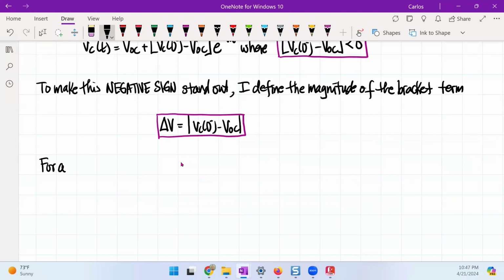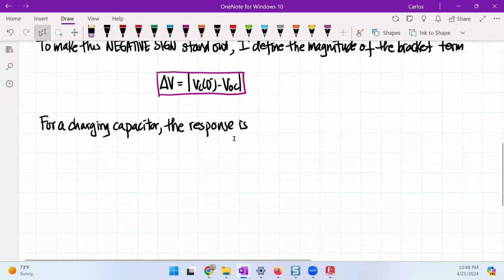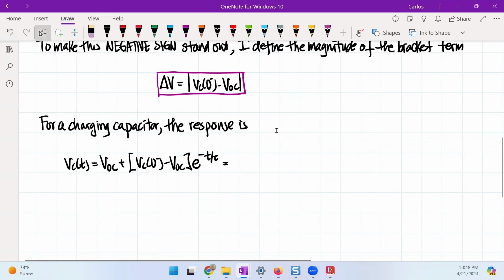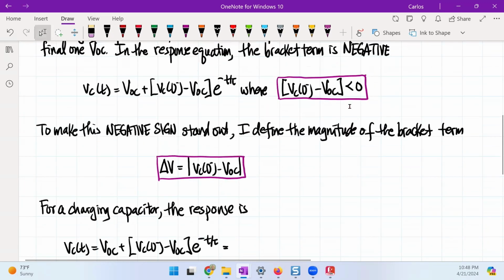For a charging capacitor, the response is this now. We're going to write that Vc of t, and then I'm going to just write out my term. But now here comes the change. We know that that bracket term has to be negative.